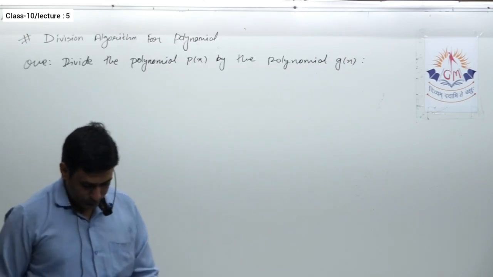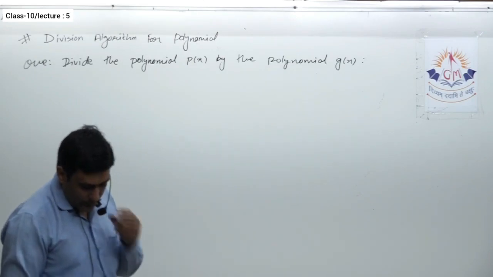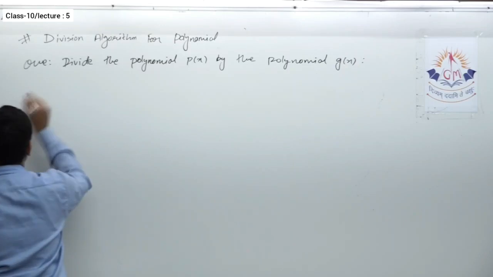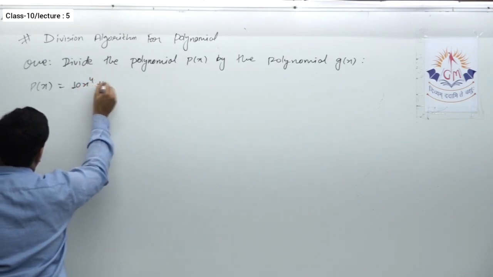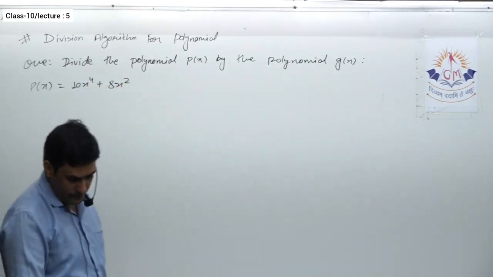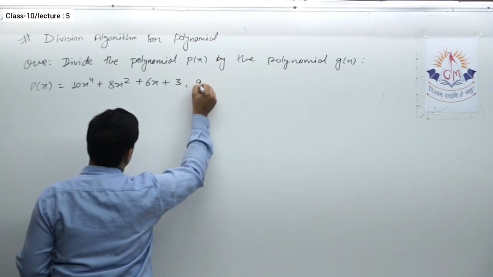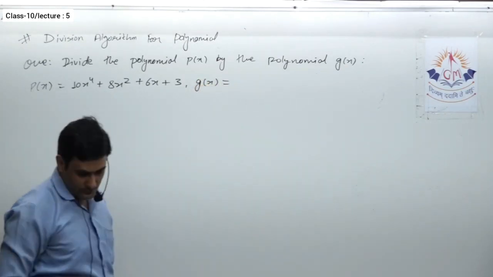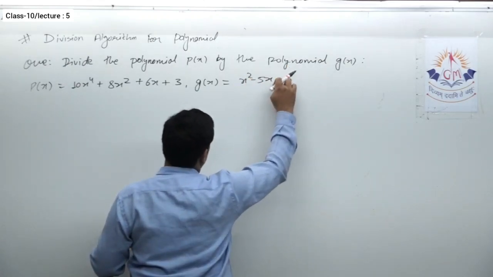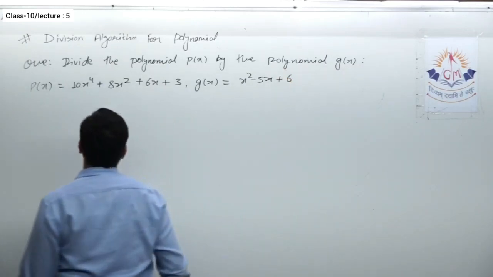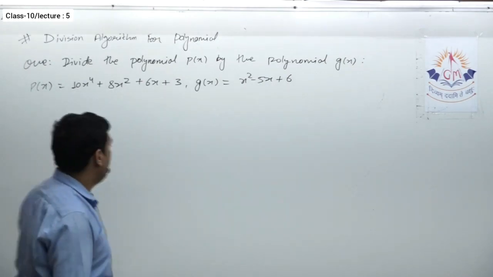Okay, now the next question is p(x) equal to 10x raised to 4 plus 8x square plus 6x plus 3, and g(x) is equal to x square minus 5x plus 6.